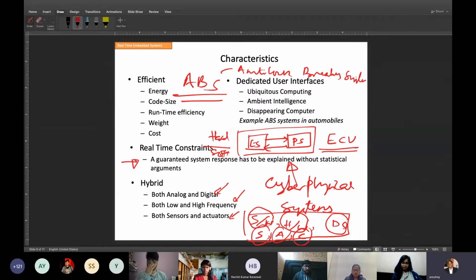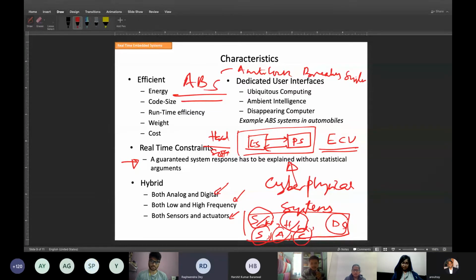But what works in real time? You think without that you can't do anything. Raghavendra? Sir, voice exchange, like when we are talking, we can't really afford to have a time lag between the voices. Excellent, very good answer.